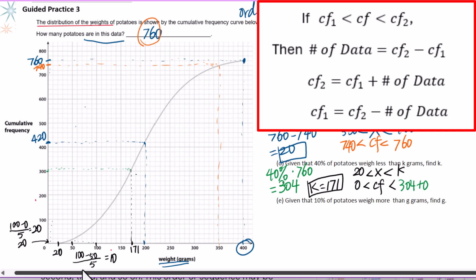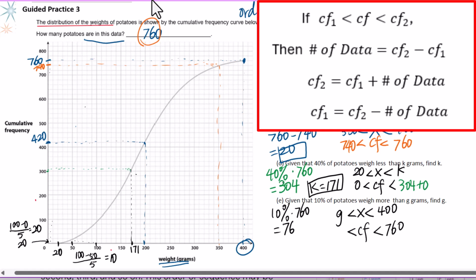Have the E: given that 10% of potatoes weigh more than g grams, find g. Let's form this compound inequality: more than g, less than 400. The corresponding cumulative frequency for 400 is 760. So 10% times 760 equals 76.